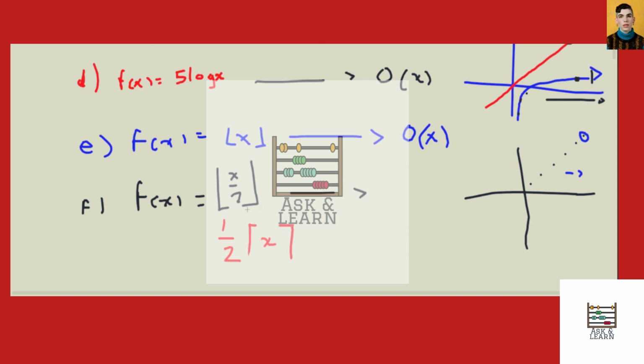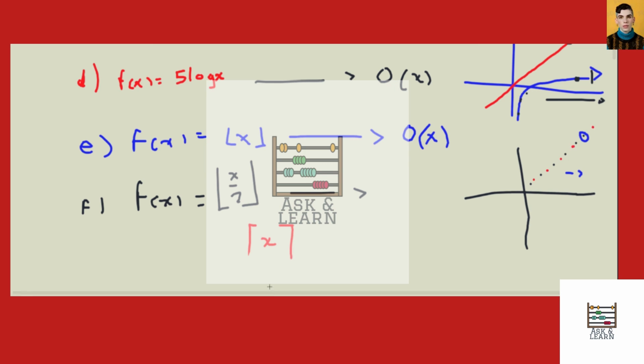When we have a constant factor, take out the constant factor. The ceiling function of x is pretty much identical, but it's like when 2.001 maps to 2, so it'll be like that.